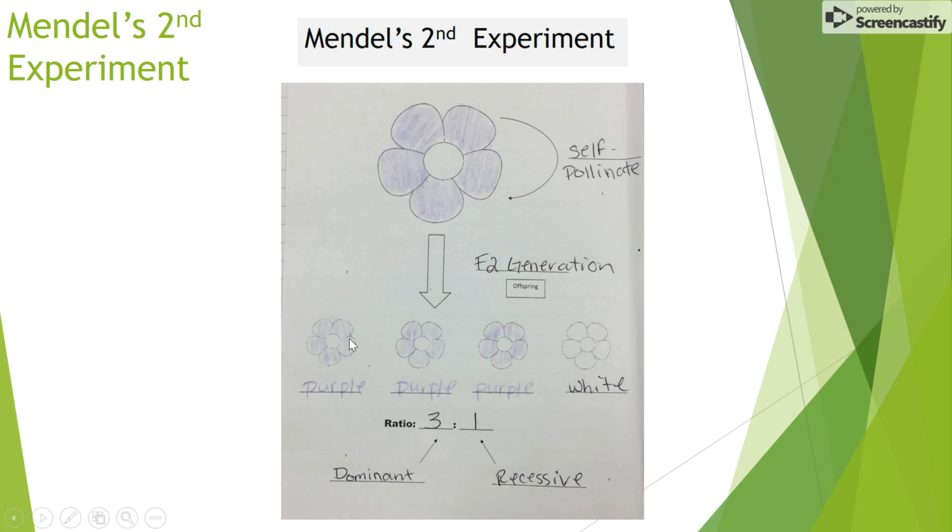So if we have a dominant trait and a recessive trait, and we know that all the purple flowers are dominant and all the white flowers are recessive, the dominant trait's always going to win out, right? Because he's the bully.